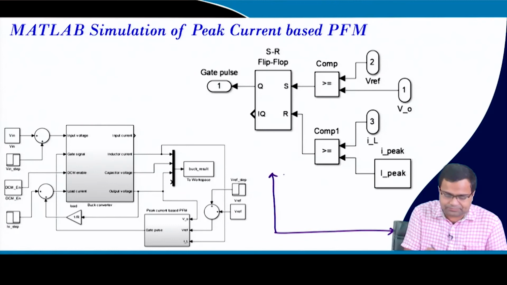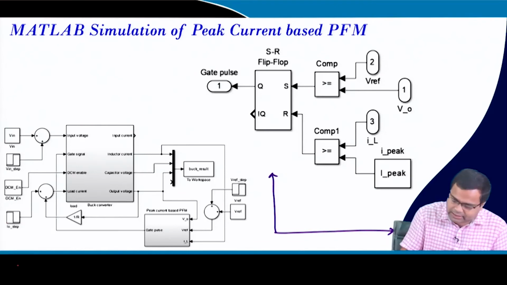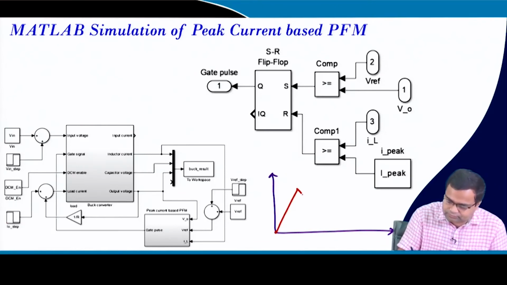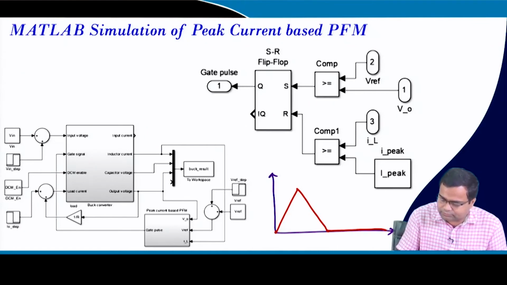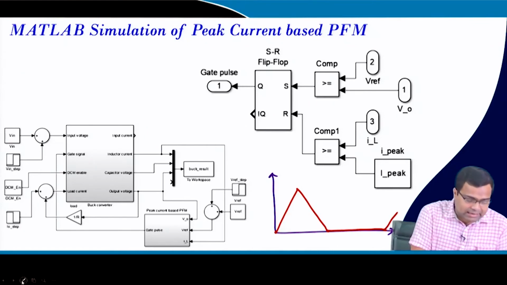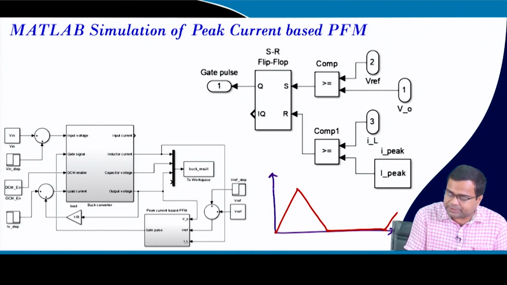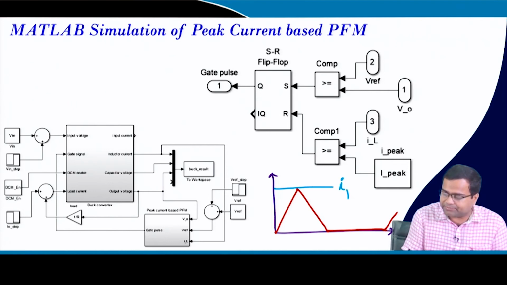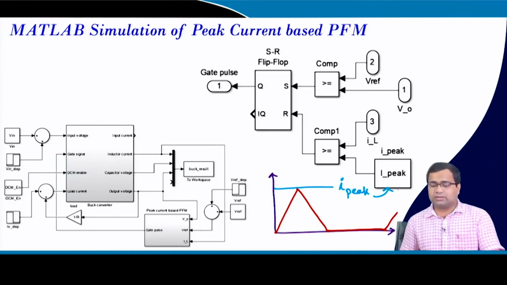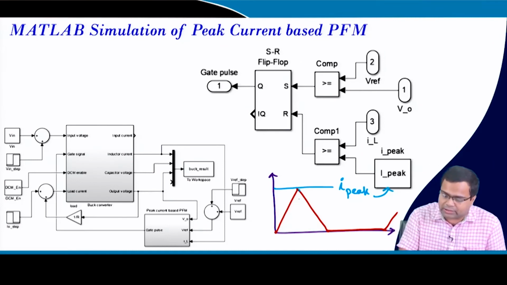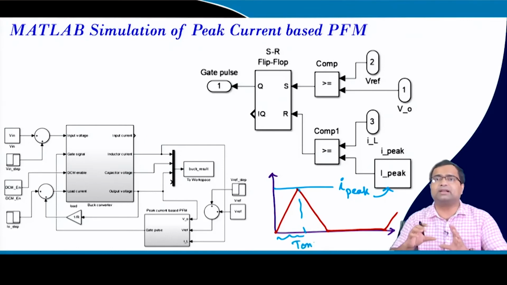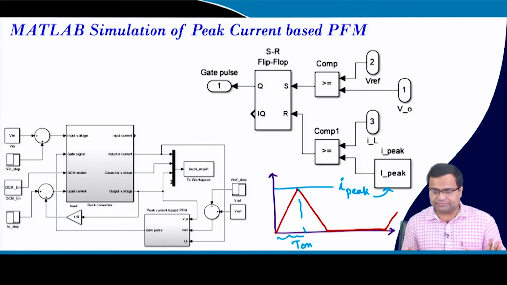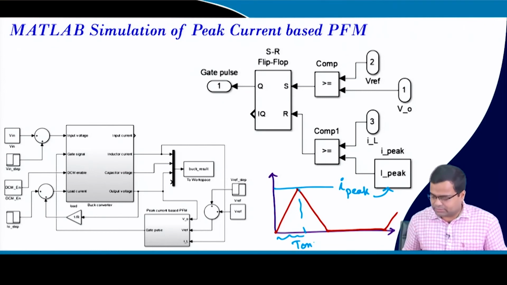If I draw the inductor current like this, here I am realizing this peak current, this is my I peak. That means here the on time is set by this constant peak current, a constant current difference. That is the logic.